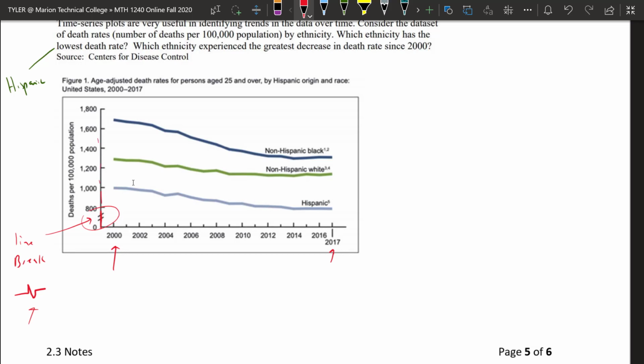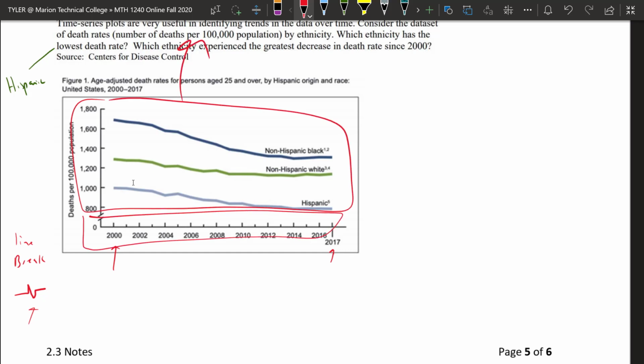So remember, we have to have that constant interval, but that just signifies to the reader that we're cutting out that blank white space. If we didn't cut that out and do a line break, this part of the graph would just be up here, and then we'd have this big block of white space here. So it's just trying to get rid of that, right?